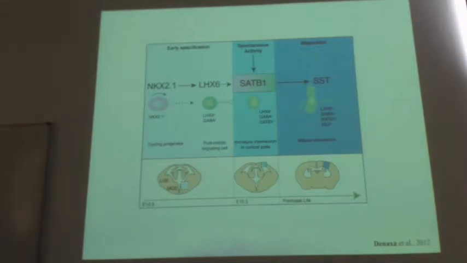But do you actually know that this is not happening in LHX6 knockout cells, the induction of SATB1, or can you block it with siRNA against the stimulation-triggered transcription of SATB1?